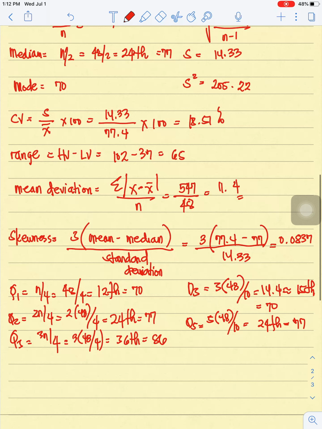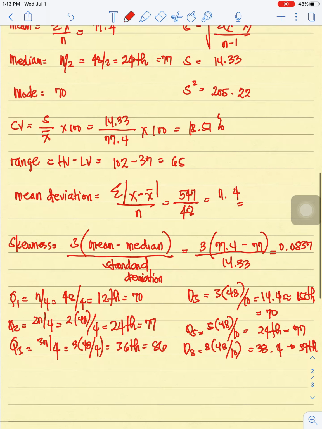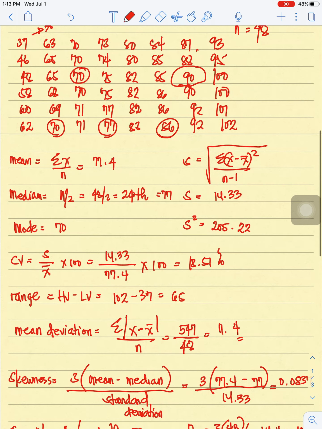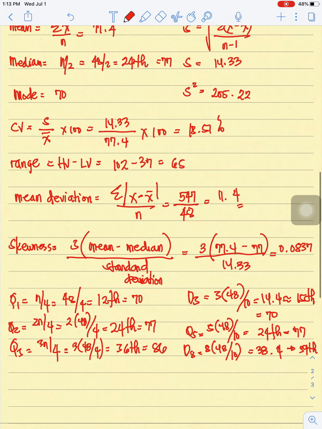Next is D8, that is 8 times 48 divided by 10, and it's equal to 38.4, and of course we round it up, it gives us 39th place. What is the 39th place? If this is 36, 37, 38, 39, we have there 90.